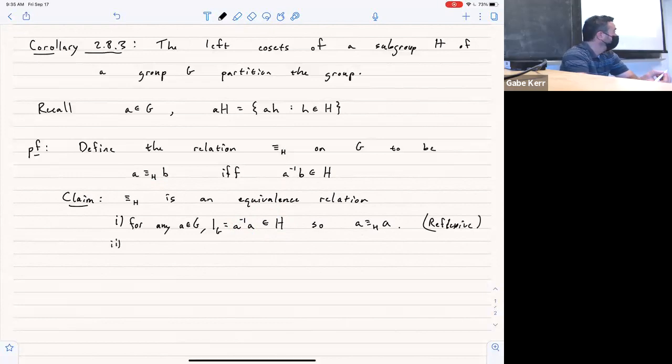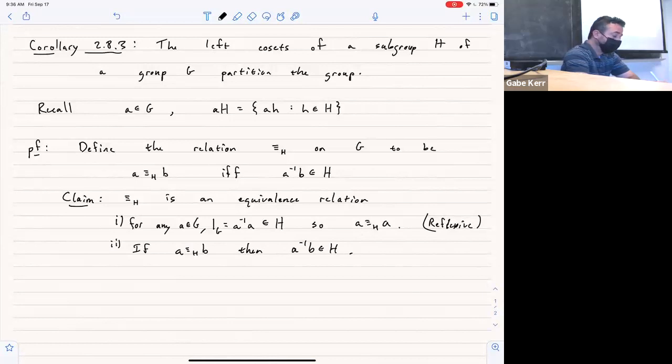Next, we need symmetric. So let's assume A is congruent to B. Then by definition, A inverse B is an element of H. But H is a subgroup, and so if I have an element of H, I have the inverse of that element. That's one of the three properties.